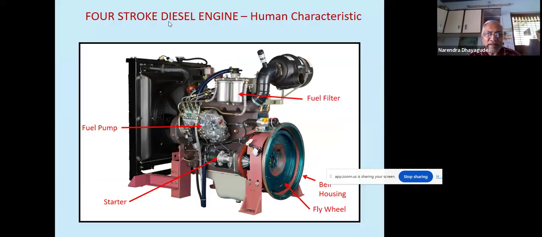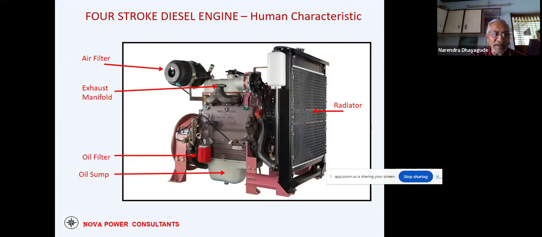Now, as a diesel engine is energy generating equipment, I always look at the engine as a human. Whatever inputs and outputs the human has, all the same features are there in the diesel engine also. There is a fuel pump, fuel filters, the bell housing, starters, everything. The air filter takes the air intake, the exhaust manifold carries the exhaust gas, the radiator is for cooling, and there are the oil filter and oil sump.